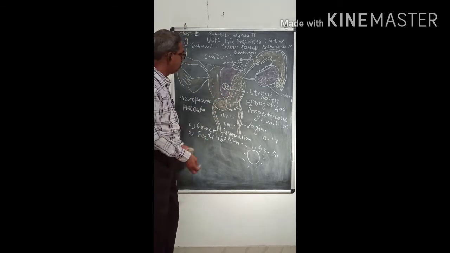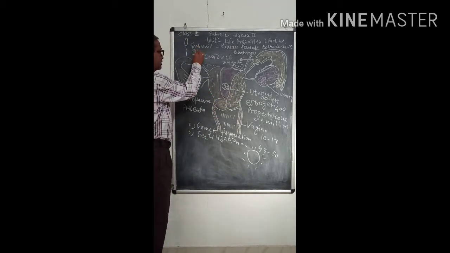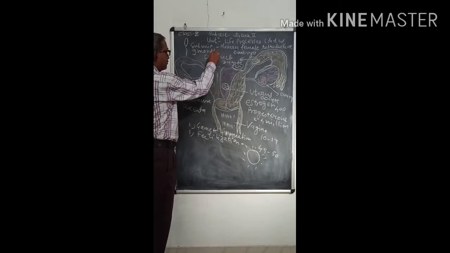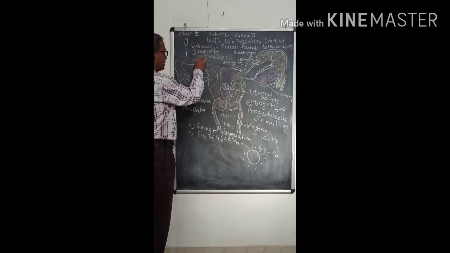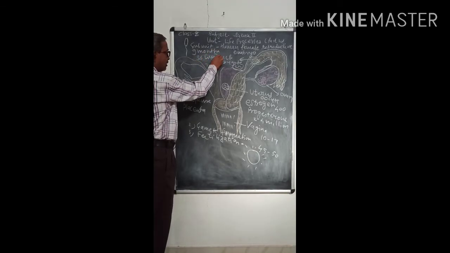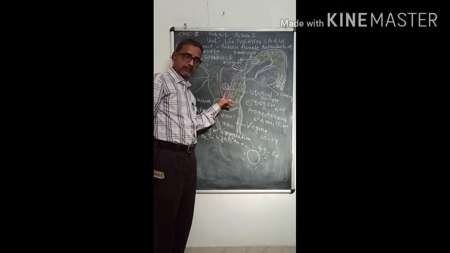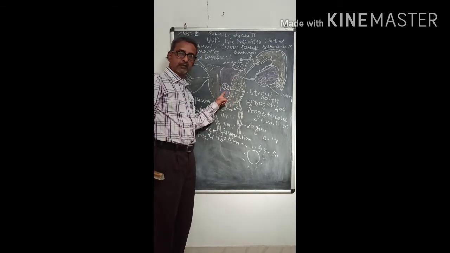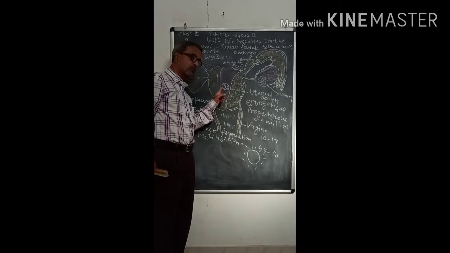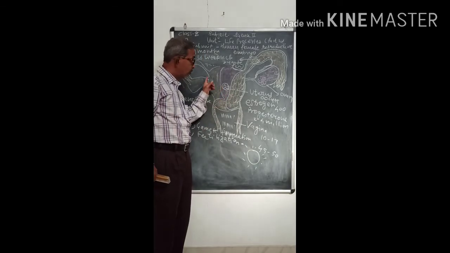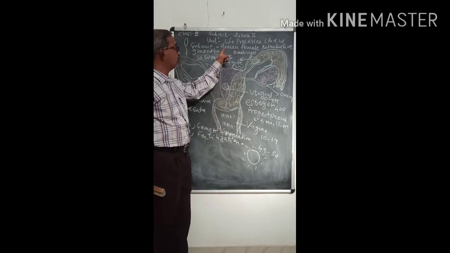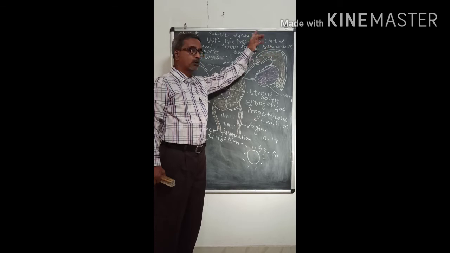It takes about 9 months or about 36 weeks. After complete development, the fetus is ready to take birth. So that is all about the human female reproductive system.